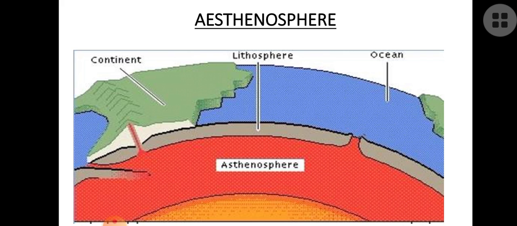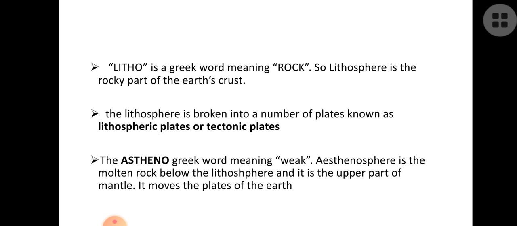Understood? All our crust, continental crust and oceanic crust, every land portion, the outer surface of our earth, is located above the molten rock which we call the magma. Understood? So these three important things you must know.